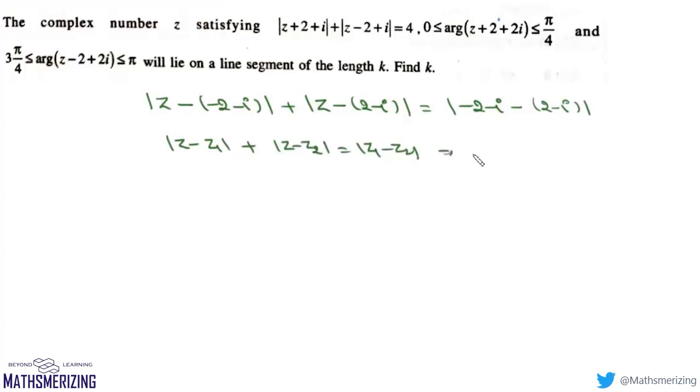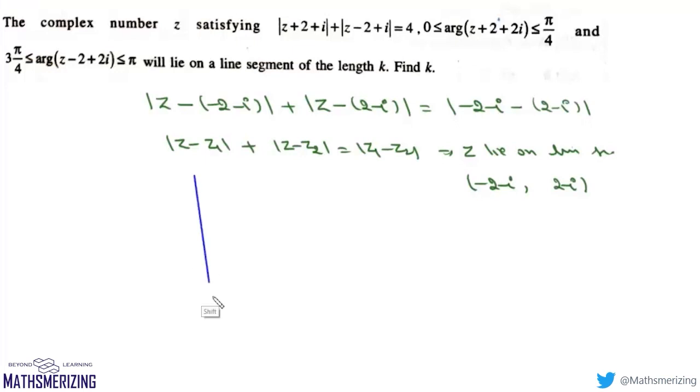That means in this case z will lie on the line segment joining z1 and z2, which are minus 2 minus iota and 2 minus iota.